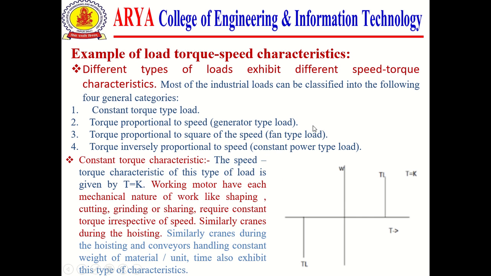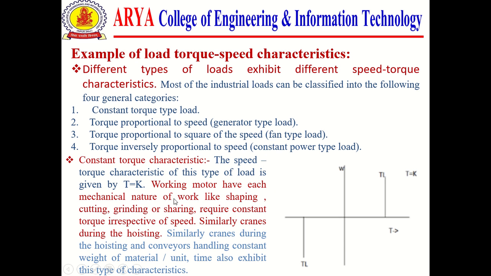Second, torque proportional to speed, which is the generator type. Third, torque proportional to the square of the speed. And fourth, torque inversely proportional to speed, which is the constant power type. So as per the application, industrial loads may be of four types. One by one we describe them here.